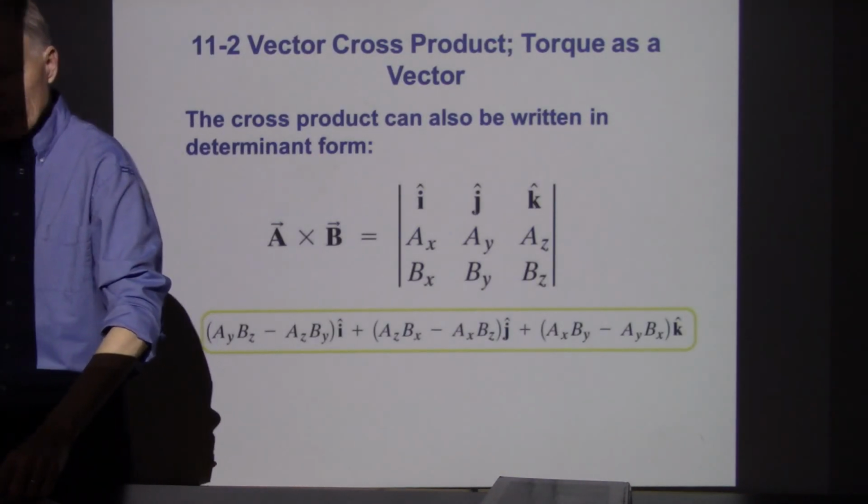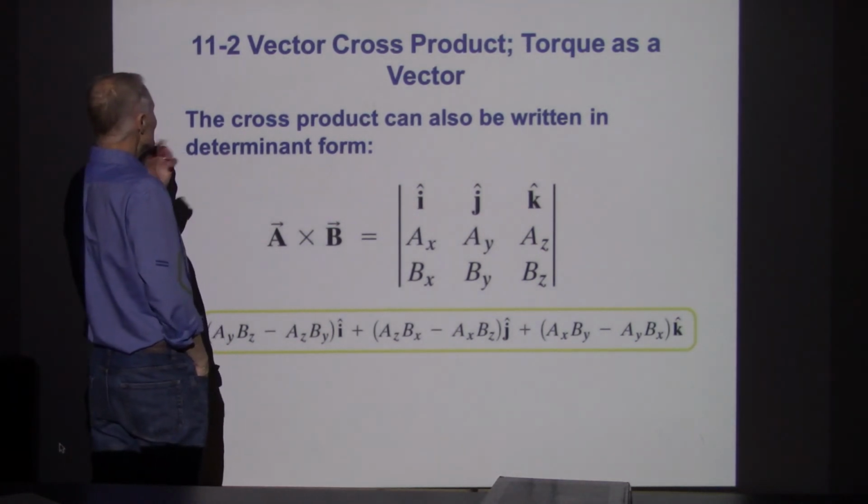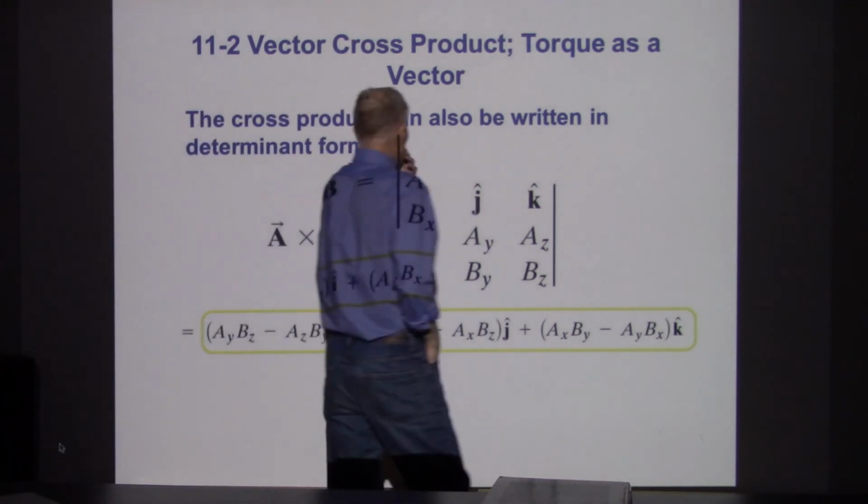Okay, so here's another general statement as to what that formula looks like, and so you can see how they're keeping track of all the components that are there. Now they say that this can be done using a determinant form, and that's fine.